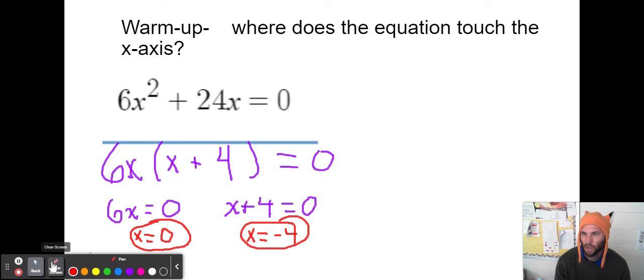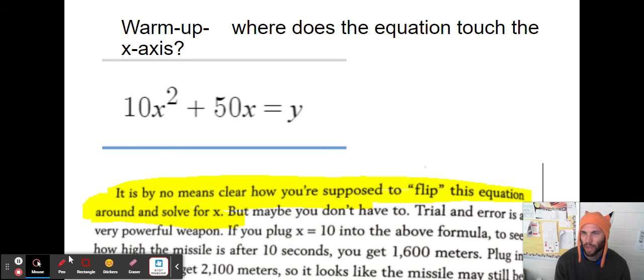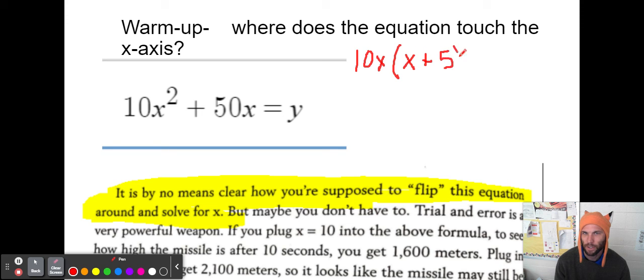Okay, so let's do one more. In this case, you've got a GCF of 10x, and that becomes x plus 5 on the inside. That's equal to 0.